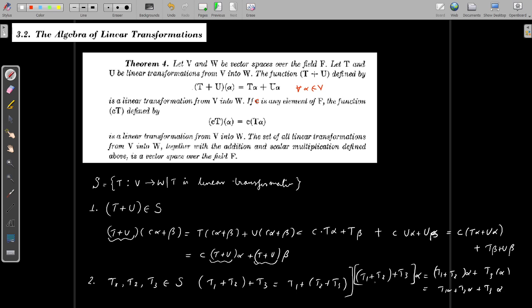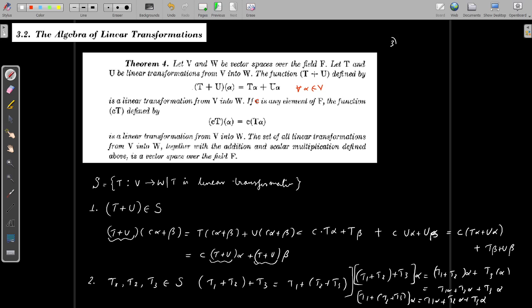Now you can verify the other part, T1 plus (T2 plus T3) of alpha. Using the same definition, this is first T1 alpha plus (T2 plus T3) of alpha, that is again T1 alpha plus T2 alpha plus T3 alpha. So this shows that the associativity is there. You can associate T1, T2, T3 in any manner. So this shows the associativity.